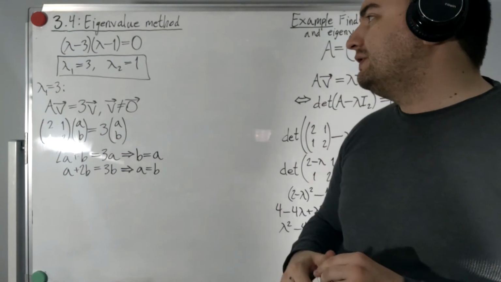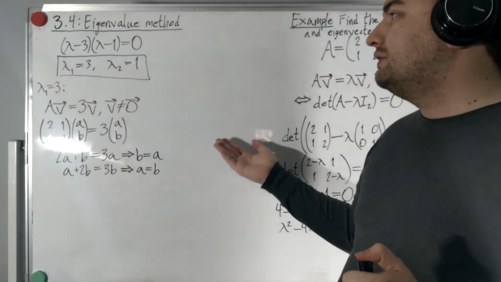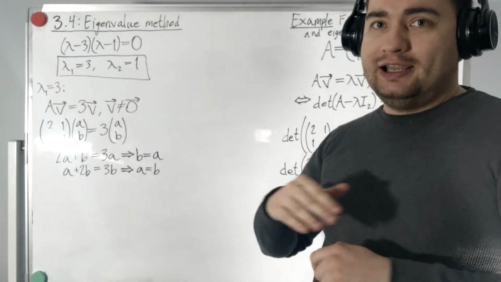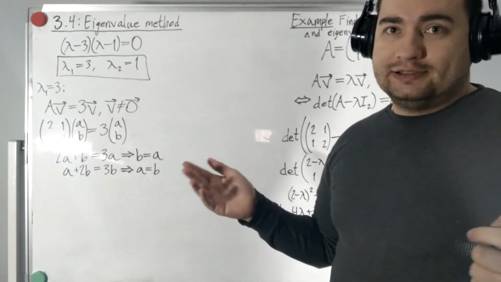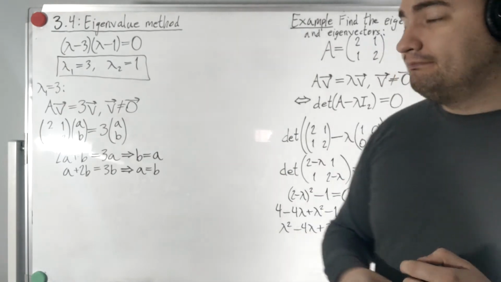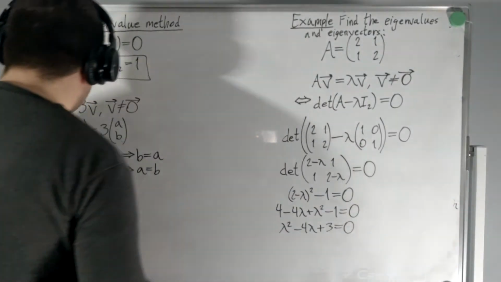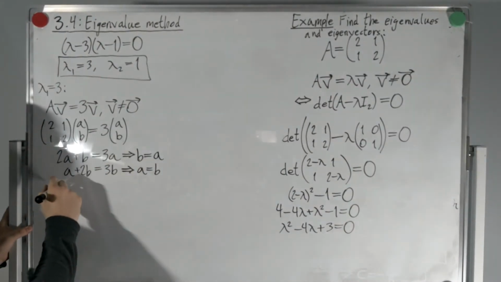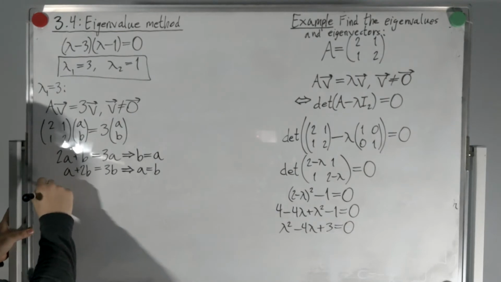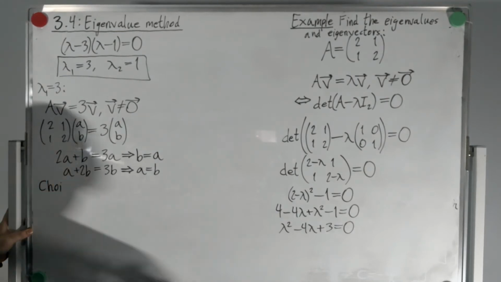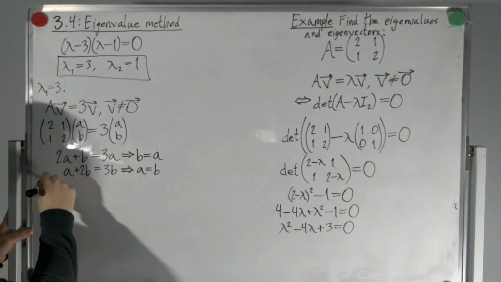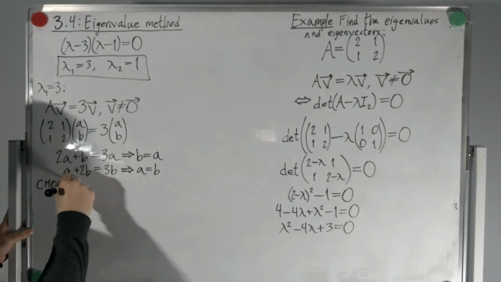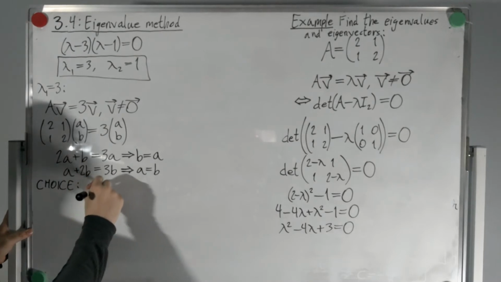So all we have to do to find an eigenvector associated to 3 is take any non-zero value whatsoever and consider that to be A. Okay, so for no other reason than we need something, I'm just going to say, by choice, A is going to be 1.